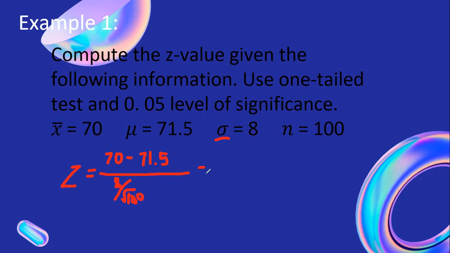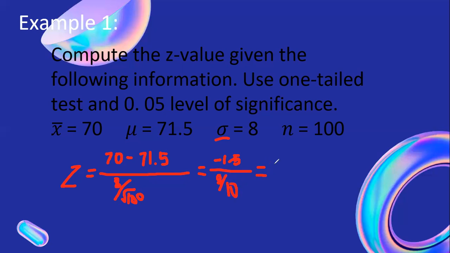Okay, so by using your calculator, 70 minus 71.5 is negative 1.5. So it's negative 1.5 over, so you need first to find the square root of 100, and that will be equal to 10. So for your denominator, you'll have 8 over 10.